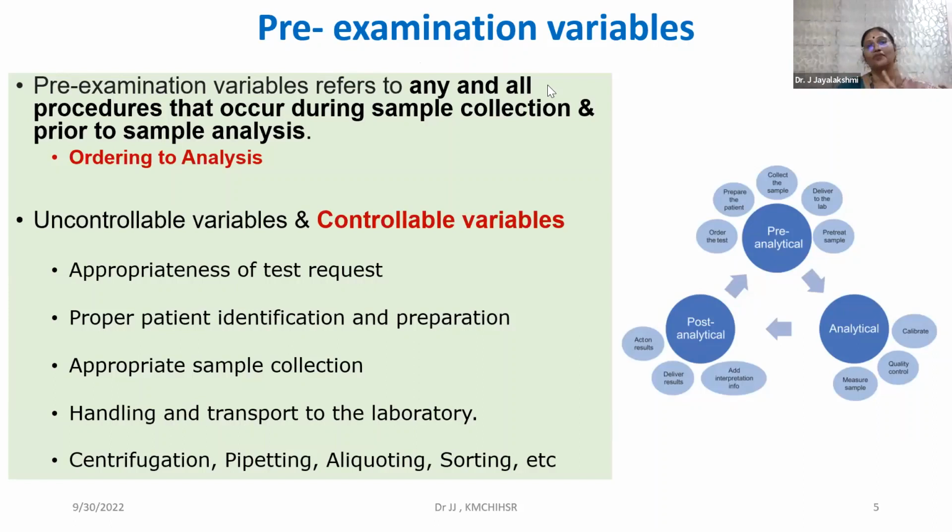Now, this could have two types of variables that could influence this sampling process itself. One is an uncontrollable variable, which means we don't have any control over it. It could be the age, it could be the comorbid condition in the patient. So it could be any of these which we have no control of, but there are quite a few controllable variables, and those are what we're going to look at in some time.